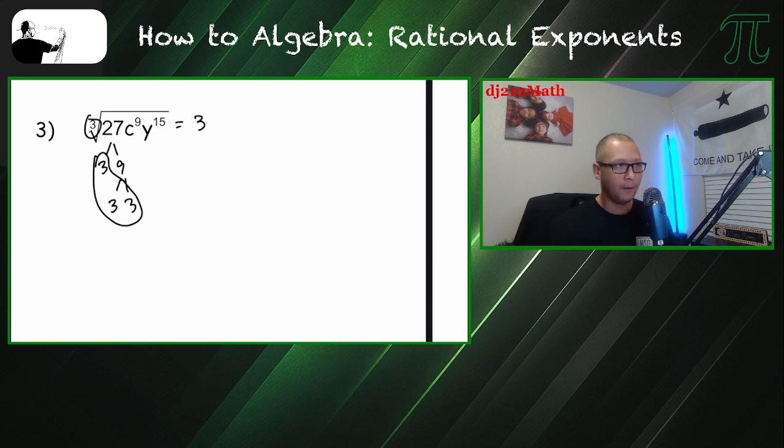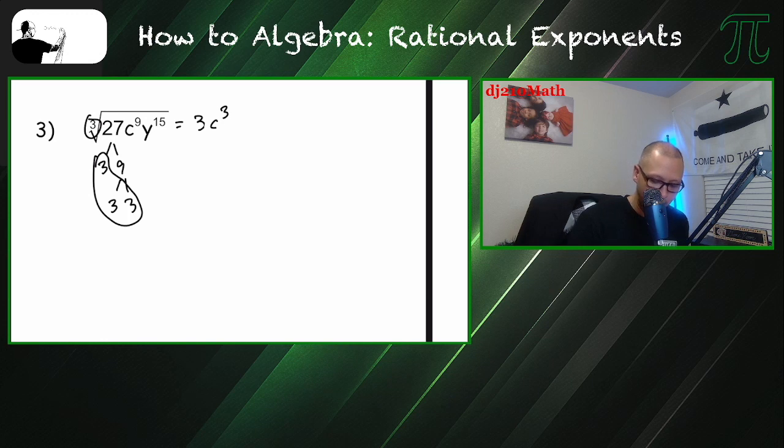All right, c to the 9th. Now, I guess I could write out 9 c's, but if you think about it for a moment, if you divide 9 by 3, you're going to get 3. So that means we'd be able to pull out 3 c's essentially. So that would be c cubed.